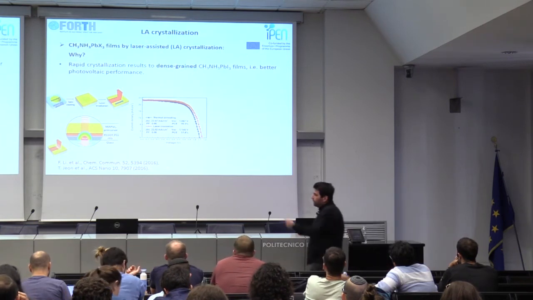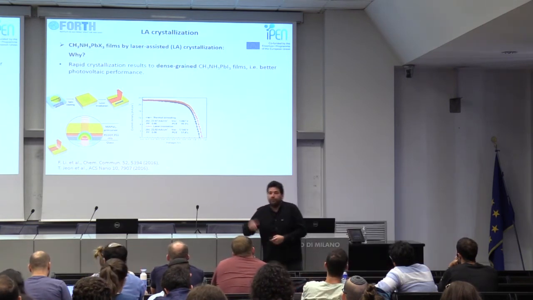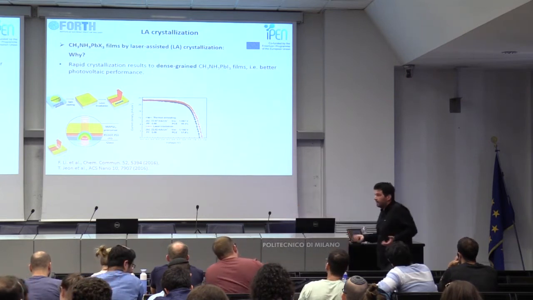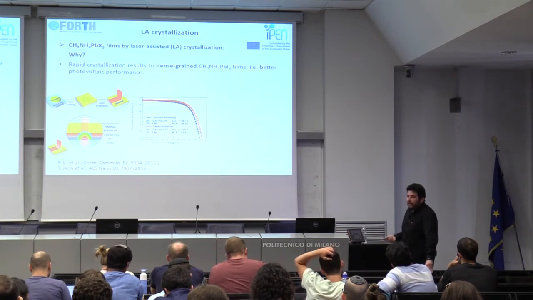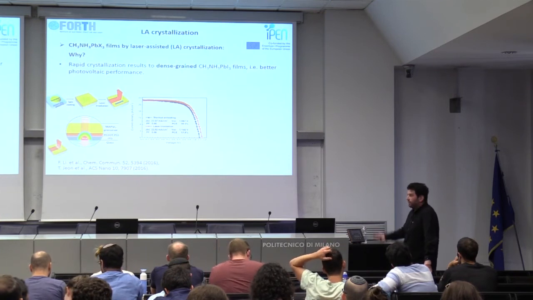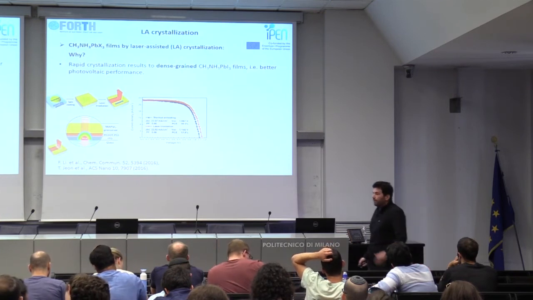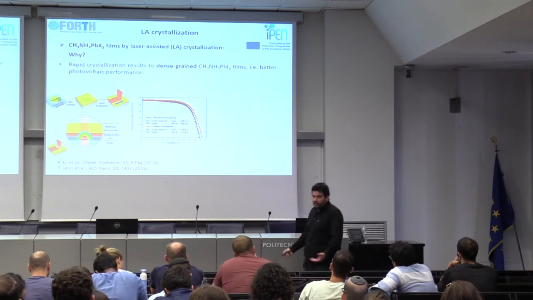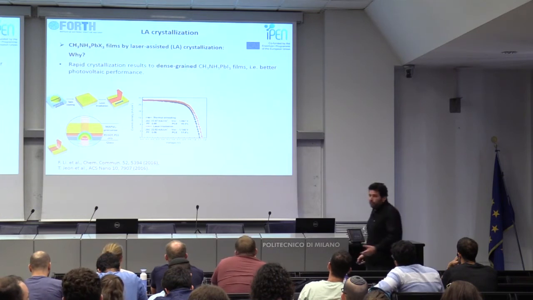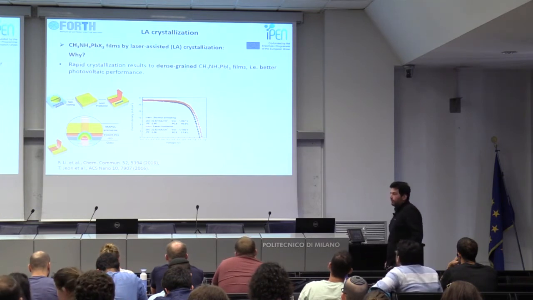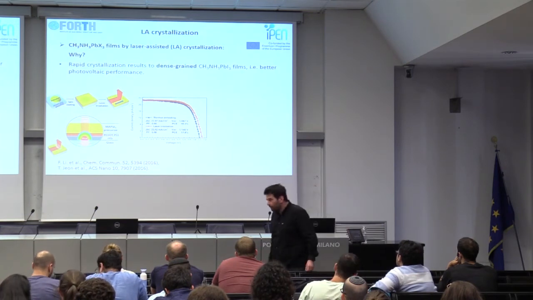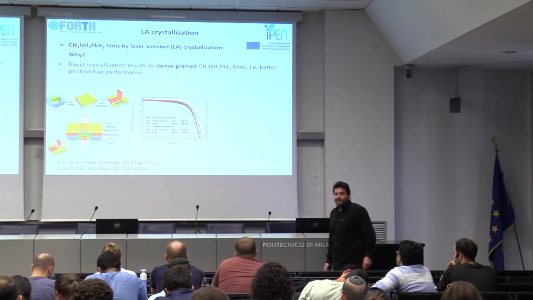And remember when I showed you the typical procedure of preparing perovskite solar cells by means of thermal annealing, you will require like an hour to do so and heating of the sample. And when it comes to fabricating perovskite solar cells on a large scale and industrial scale, this will be costly. So people look for alternative ways to crystallize perovskites. And we are from a laser lab, so we try to do this with the laser.